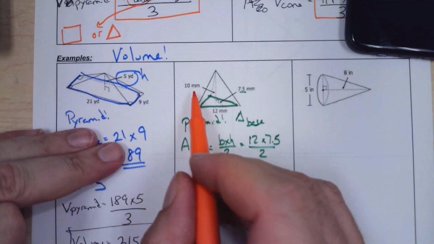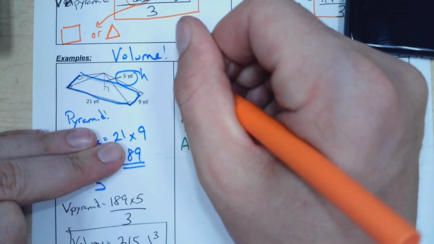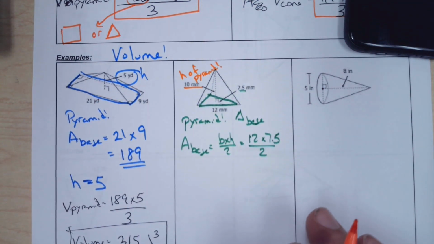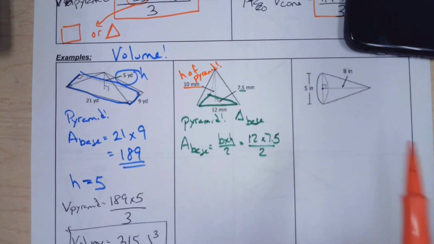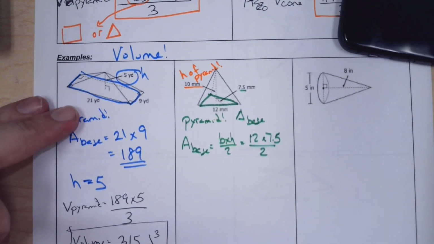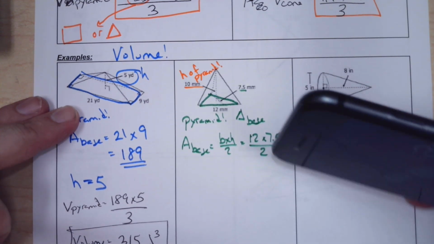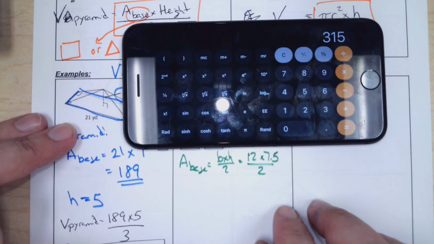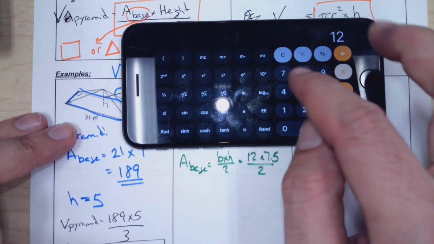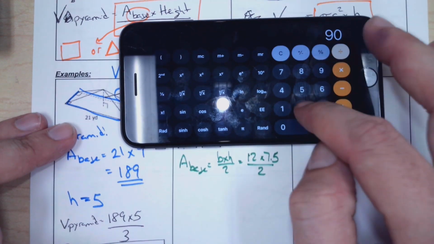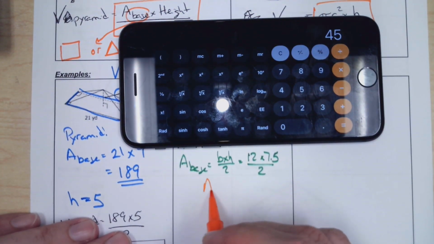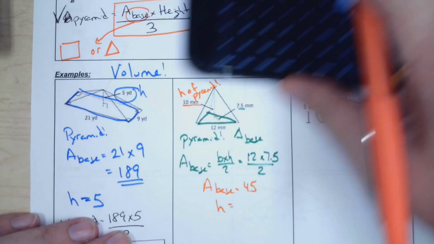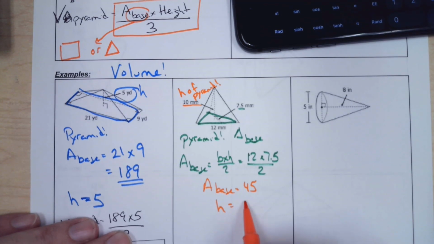Now this 10 over here is the h of the pyramid. So the height of the pyramid. So that's not going to be in this part. Alright, so we need to find the area of the base. So 12 times 7.5 divided by 2 is 45. So area of the base is 45, and your height is 10.